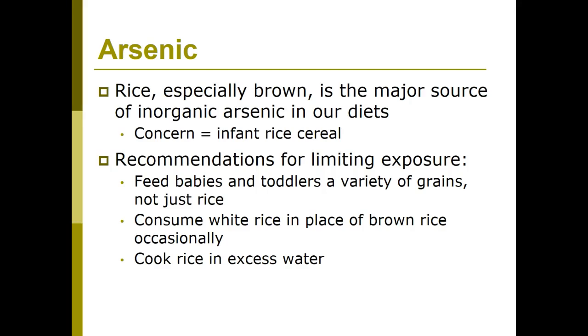Rice, especially brown rice, is the major source of inorganic arsenic in our diets. There's a concern about using infant rice cereal. So in terms of limiting your exposure to arsenic, you want to feed babies and toddlers a variety of grains, not just rice, so that if there is some amount of arsenic in the diet, it's not going to be to an excessive amount in the baby's food supply.